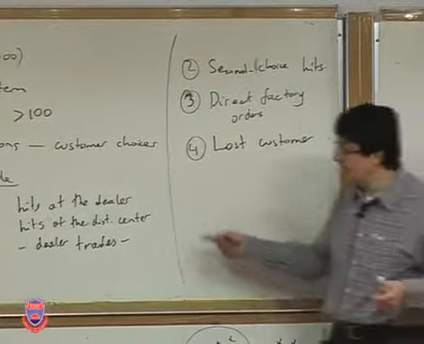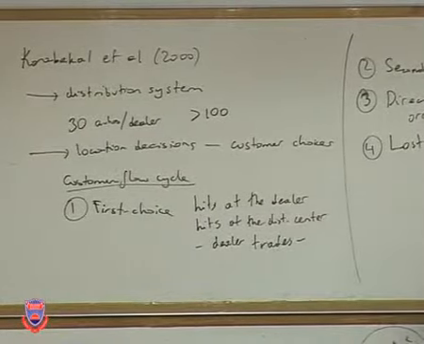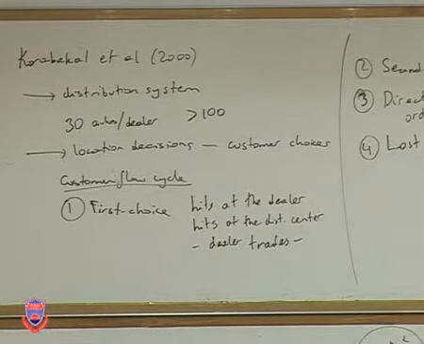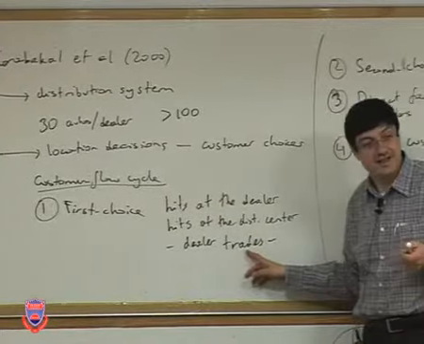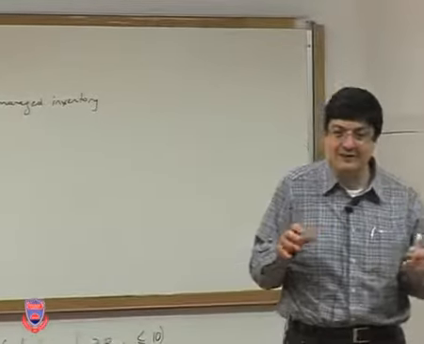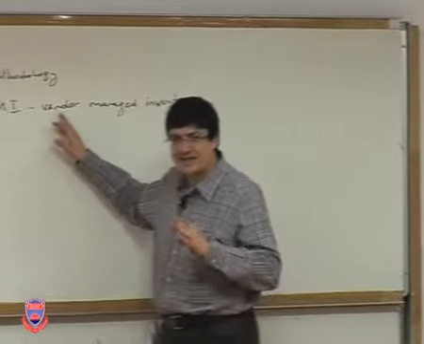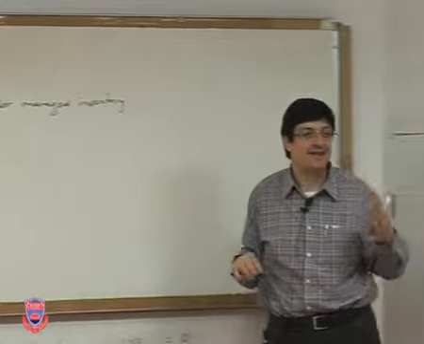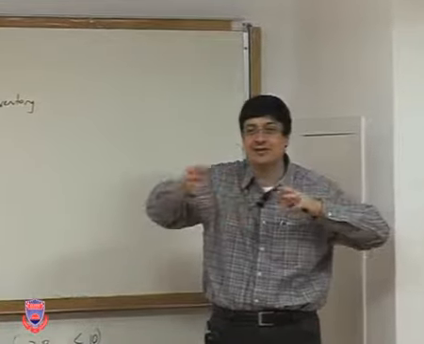In other words, the dealers have the obligation of persuading the customer that it might be available at the distribution center, so let's check for that. Or the dealers are responsible for talking to the other dealer for a possible trade. Okay? So all of these are factors that will affect the dealers, and this is sort of, as I said, a very primitive vendor-managed inventory where you don't have a contract, but you try to sort of intervene with certain things related to the dealers.